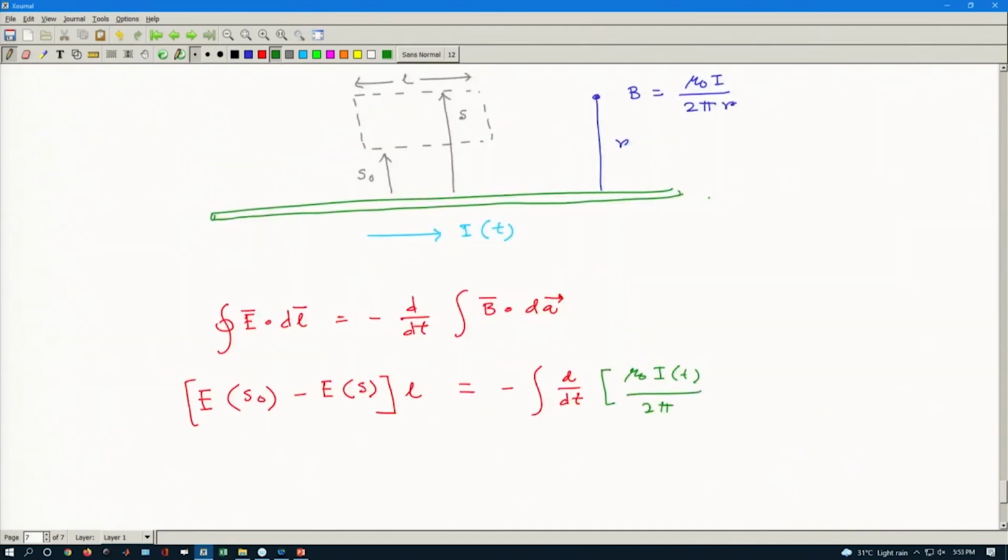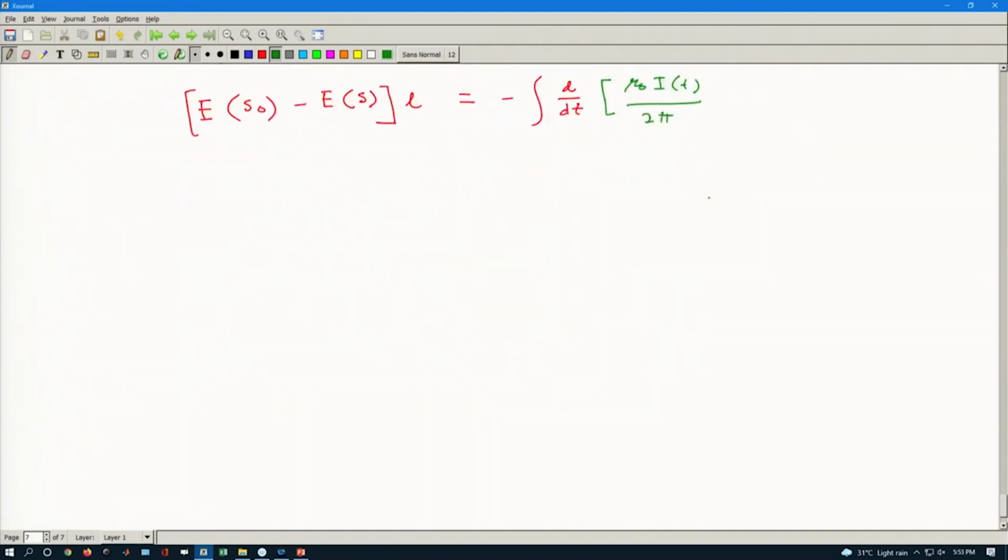We need to calculate it as a function of s, so I put it as s, and then the surface dA.